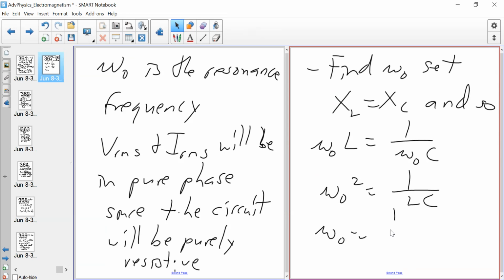Omega naught is 1 over square root of LC. If you go back to the previous chapter, we've seen this. We've seen this before in LC circuits, where we were just making a substitution, but we come out to this 1 over square root of LC.